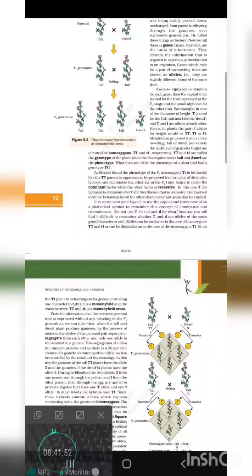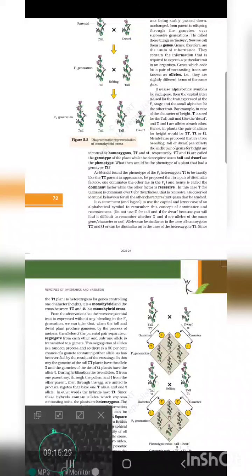He observed identical behavior for all the other character trait pairs that he studied. It is convenient to use capital and lowercase alphabetical symbols to remember these concepts of dominance and recessiveness. Do not use capital T for tall and small d for dwarf, because you will find it difficult to remember whether capital T and capital D are alleles of the same gene's character or not.